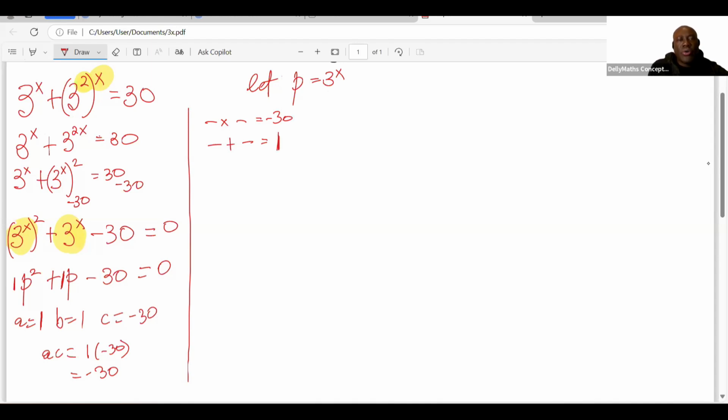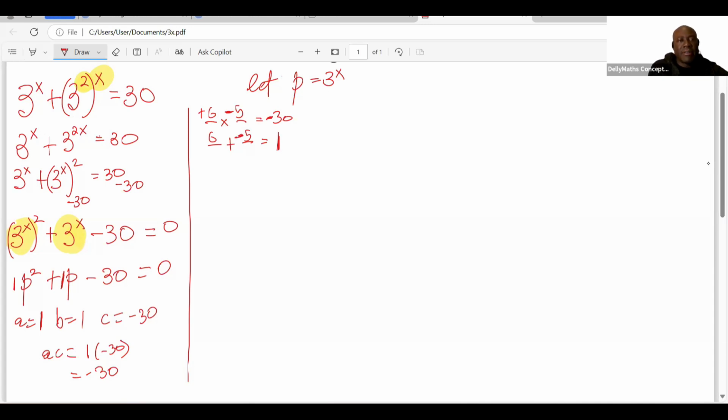I'm thinking of 6 and 5, right? But remember, because I need negative 30 and my b value is positive, I'm going to have to let the 6 be positive and the 5 be negative, so that when I multiply them I get negative 30, but when I add them, I get a positive 1.